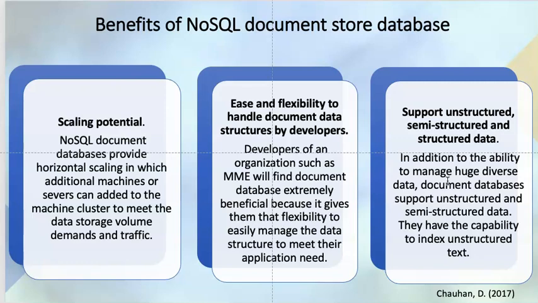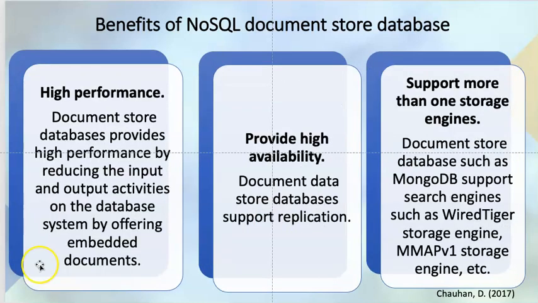This is going to increase the data load for an organization such as MMV, because most of the data coming in for such an organization will be unstructured. So this will in turn help the organization make better and more inclusive decisions with the huge data set that they have at their disposal.